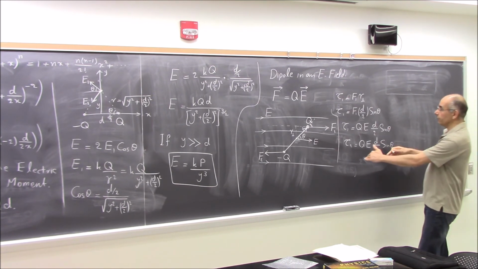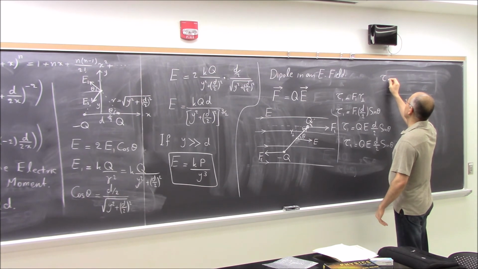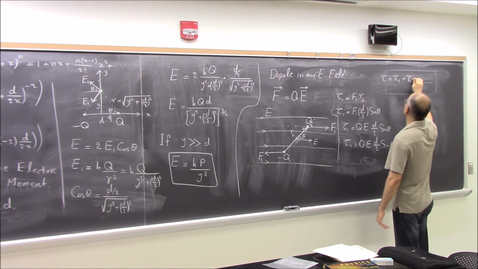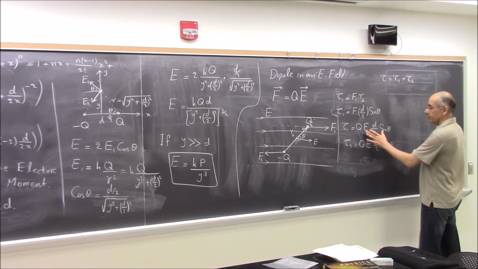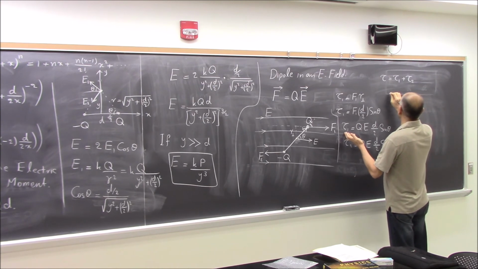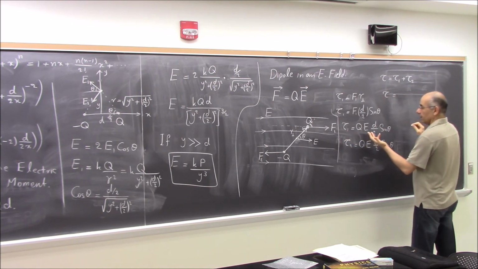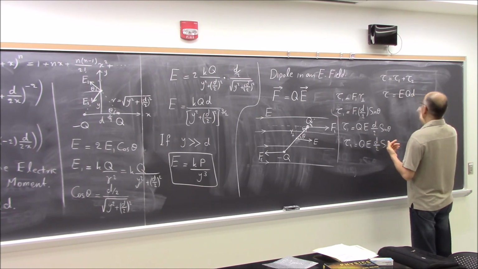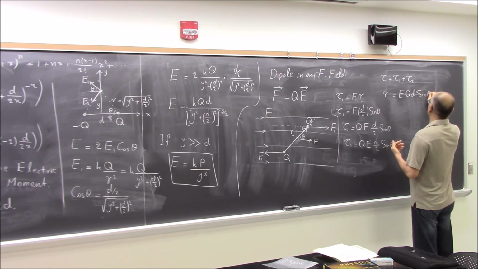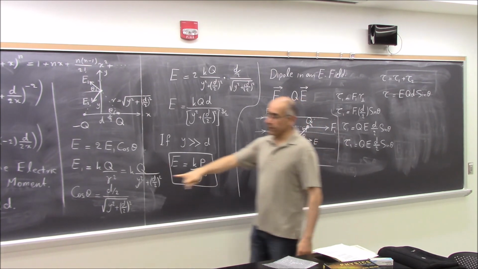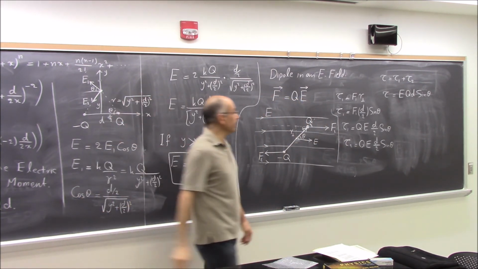And then if you add the two, net tau is equal to tau 1 plus tau 2, which is this plus that. You get 1/2 and 1/2 becomes the whole thing. So tau becomes E QD times sine theta. And this QD again is the magnitude of the dipole moment, right?